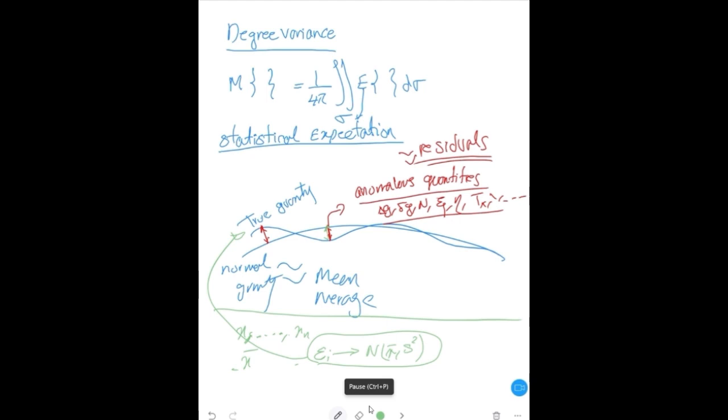Therefore, by subtracting the normal gravity field from the true gravity field, we obtain residuals, and residuals are of a stochastic nature. Therefore, we can apply statistical approaches for analyzing these anomalous quantities.